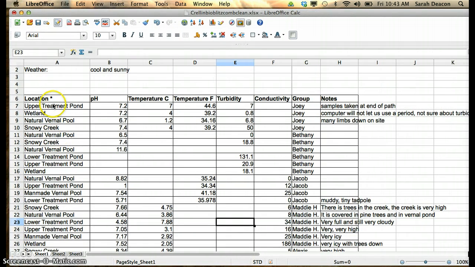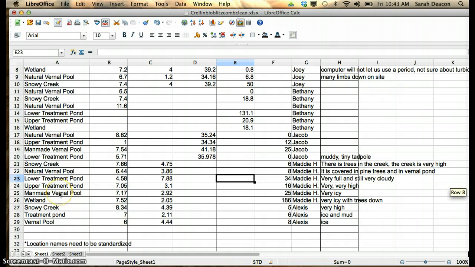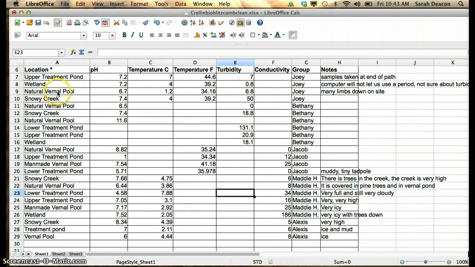They're either upper treatment pond or lower treatment pond, and they're either the natural vernal pool or the man-made vernal pool. And of course, Snowy Creek is Snowy Creek, and the wetland is the wetland. I'll show you why it's important to do that in a little bit. But first, let's get back to converting from Celsius to Fahrenheit, and we'll try the reverse, Fahrenheit to Celsius, as well.